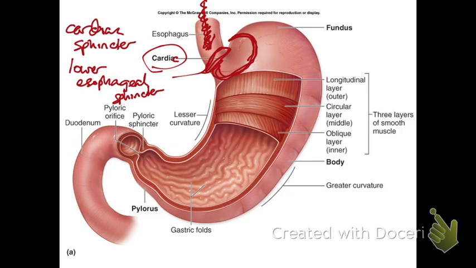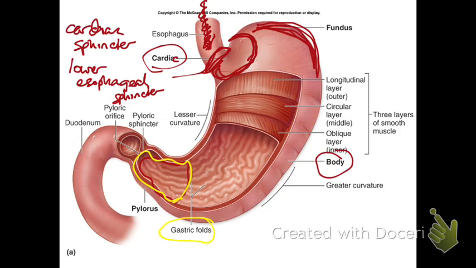The stomach has a large dome-like area. This is referred to as the fundus. The majority of the stomach is simply referred to as the body. And then the bottom section, or the last section of the stomach, is referred to as the pylorus. Along the way and throughout the stomach, there are these gastric folds.